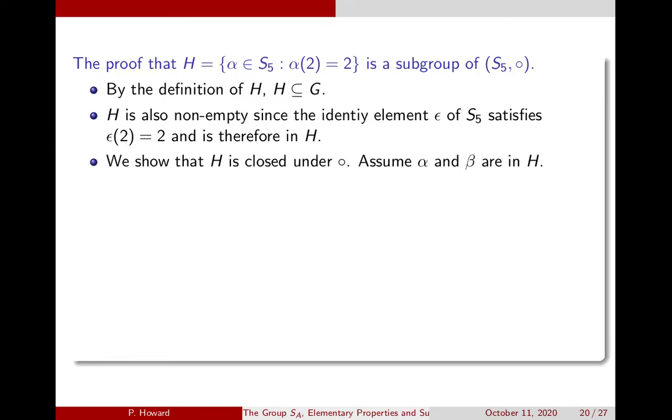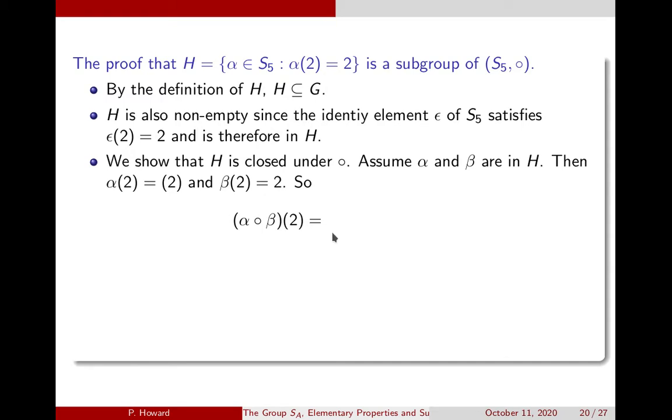Now the argument that H is closed under the operation of function composition. Assume alpha and beta are in H. We translate that into equations. That means that alpha of 2 is equal to 2 and beta of 2 is equal to 2. What we have to argue for is that alpha composed with beta of 2 is equal to 2, using the two assumptions.